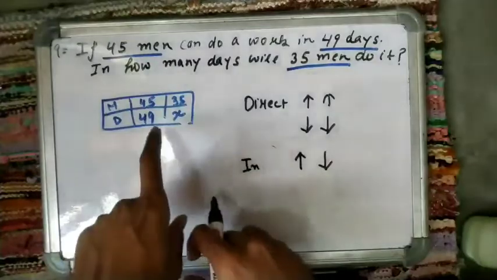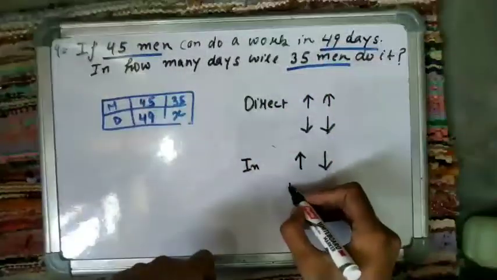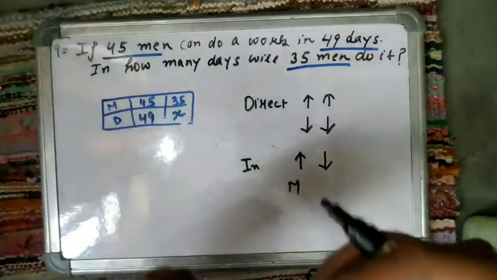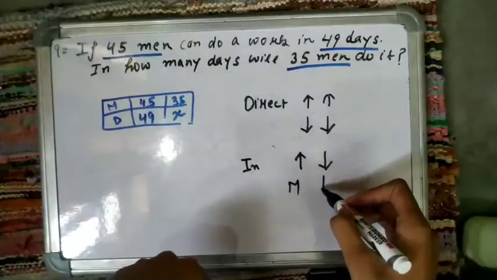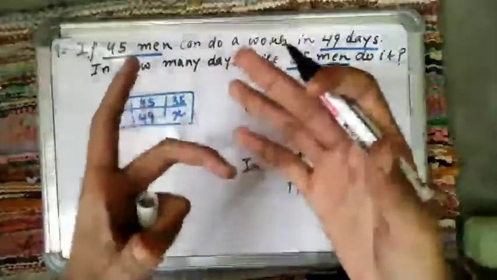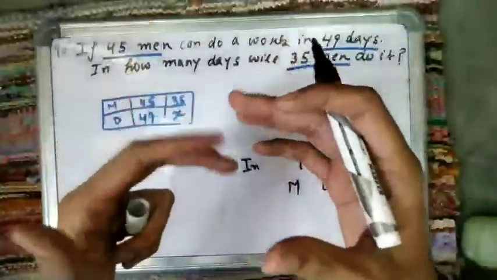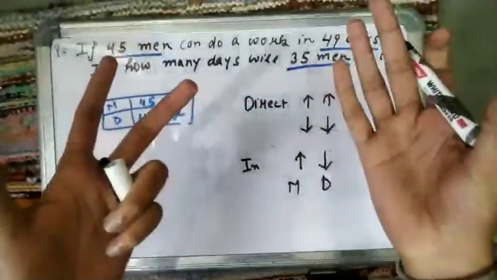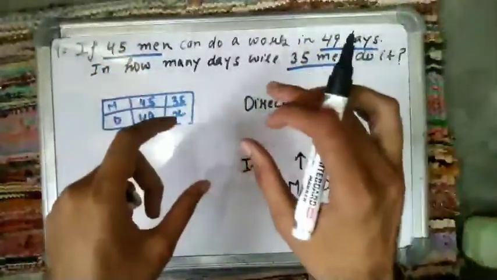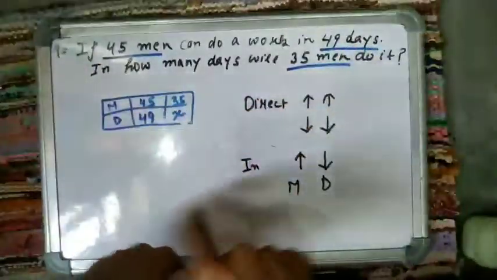I mean to say that if the number of men increases, the number of days will decrease. So for a certain work, if we increase the number of men, then automatically the required days will decrease. This will follow the inverse variation pattern.